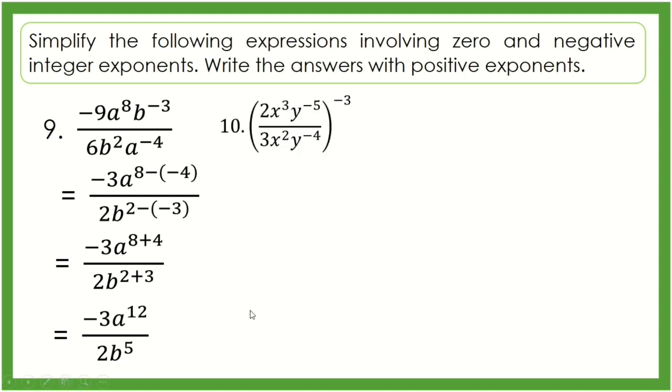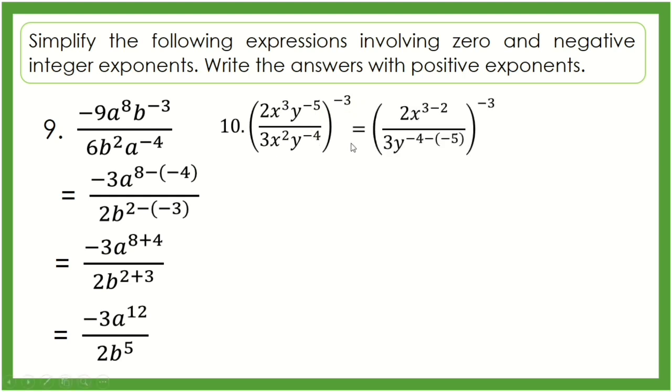Okay, number 10, we have the quantity of 2x cubed y raised to negative 5 all over 3x squared y raised to negative 4, raised to negative 3. Okay, so meron tayong negative exponent dito sa loob and then negative exponent din dito sa labas. Apply natin yung quotient rule muna.